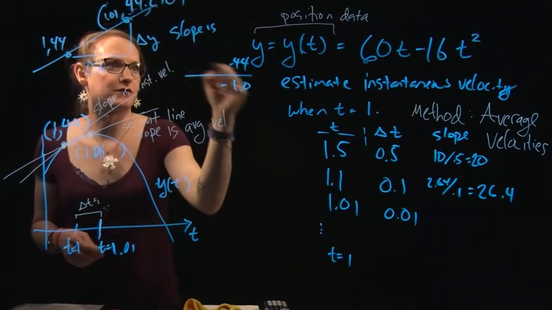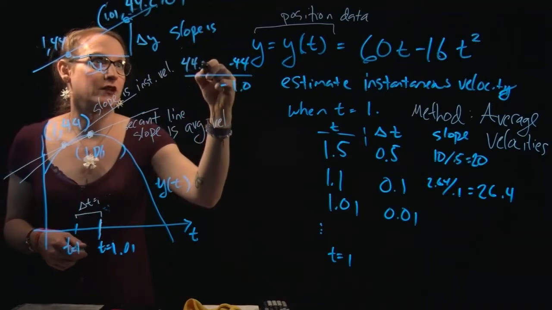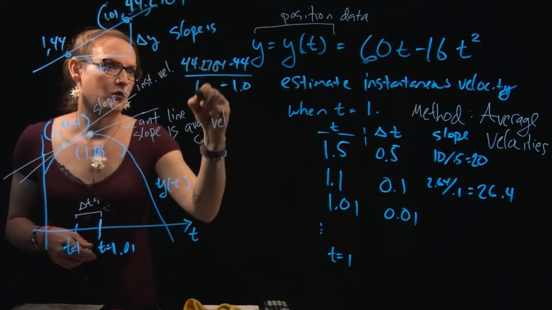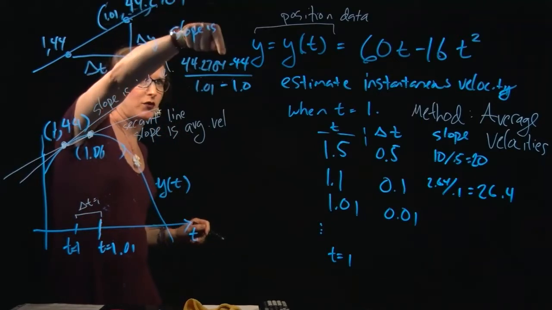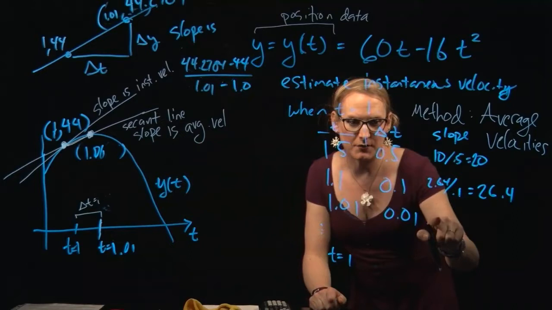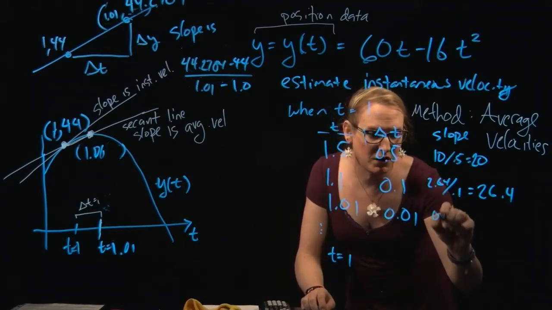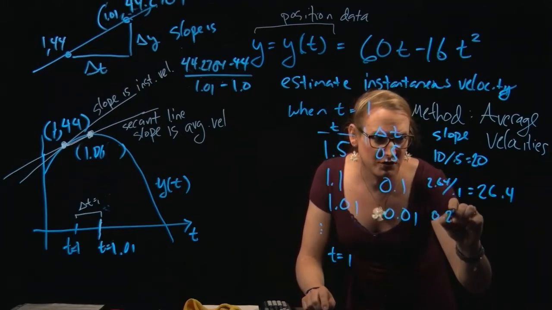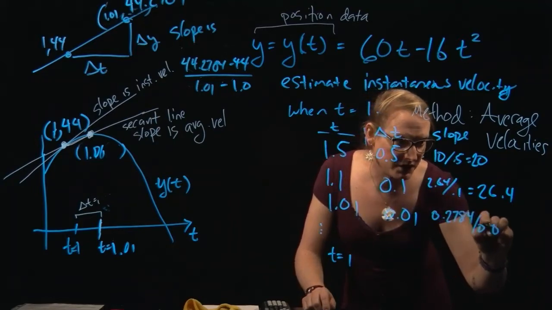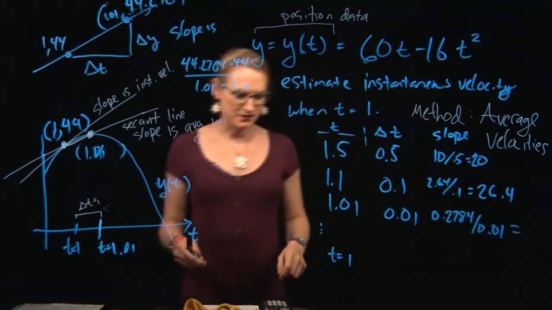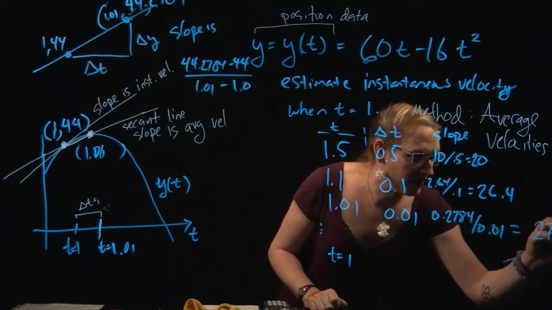So I'm going to do that in the slope formula again. 44.2784, 1.01. Compute the difference between those two things. So my numerator in my slope computation over here is 0.2784 divided by 0.01, which is equal to 27.84.